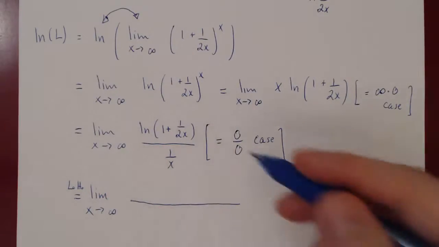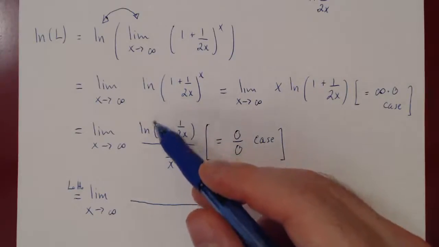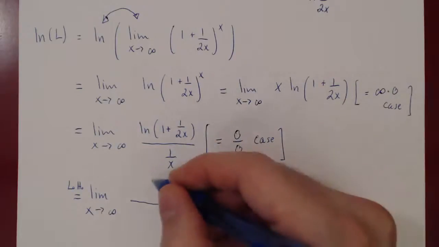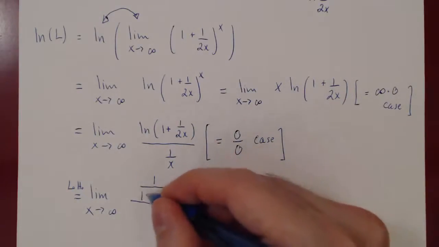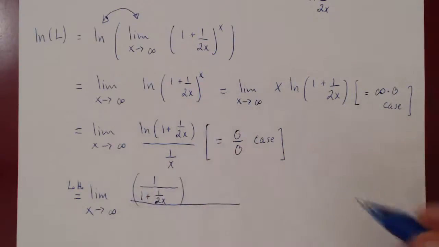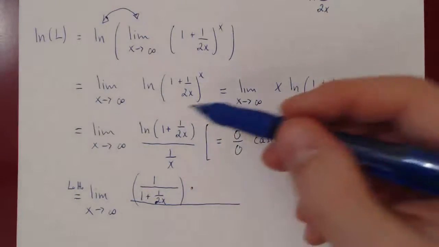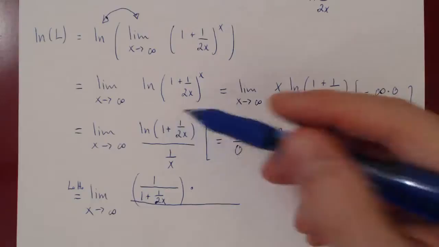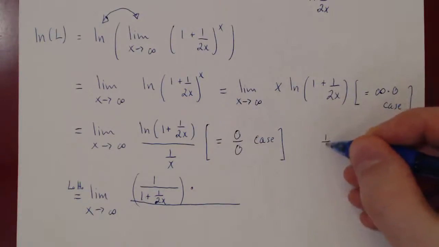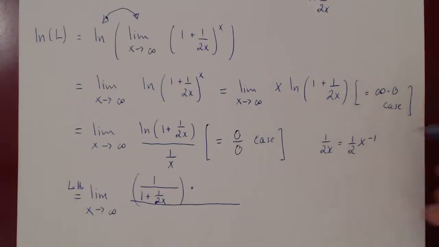Differentiate the numerator, and be careful here to complete the chain rule. The derivative of the outside function is the derivative of ln, which is 1 over the argument, so 1 over 1 plus 1 over 2x, times the derivative of the argument. The derivative of 1 is 0, plus, and now here, rewrite the 1 over 2x as 1 half x to the negative 1.